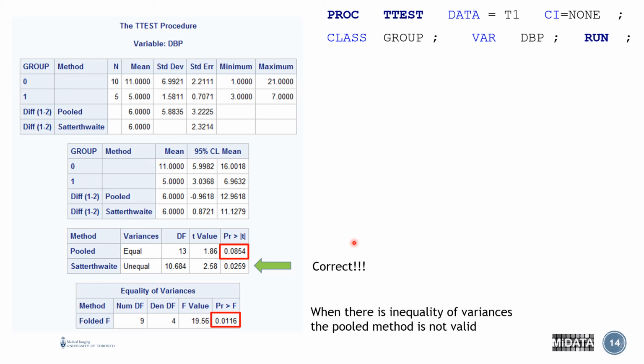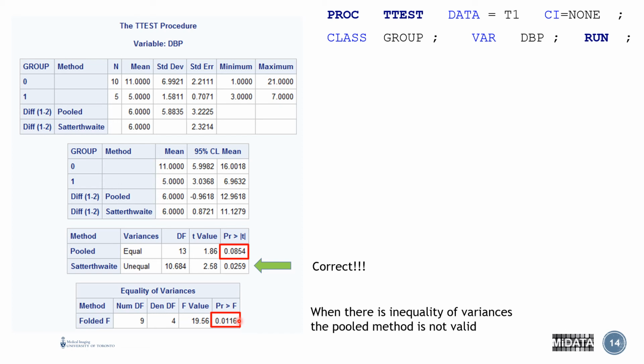And so the way SAS does this is it tests the equality of variances between the groups. And you'll see here, using the folded F, which is the method we'll talk about a little bit later, this p-value is significant. So that means that there is a significant difference in variance between the two groups.